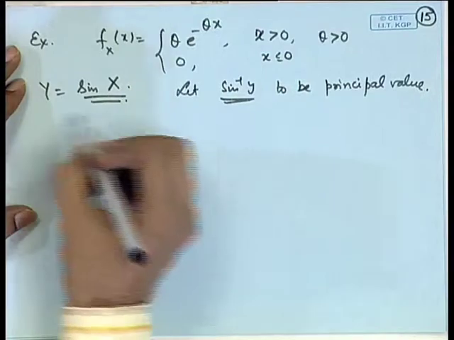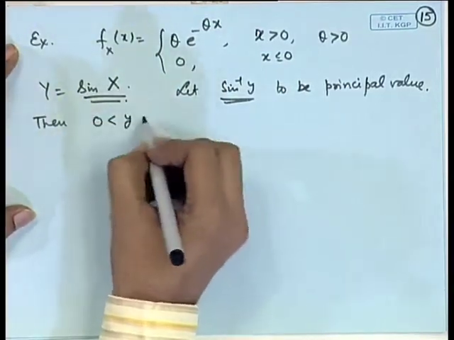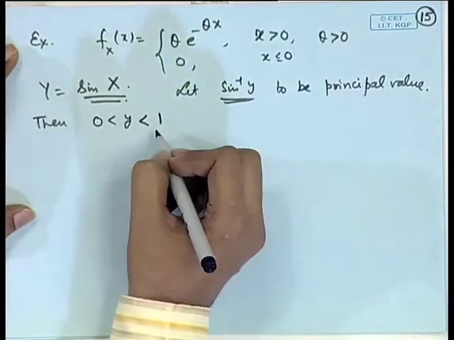So, we consider two cases, because sine lies between minus 1 to 1. So, we consider the case 0 to 1 and the case minus 1 to 0.